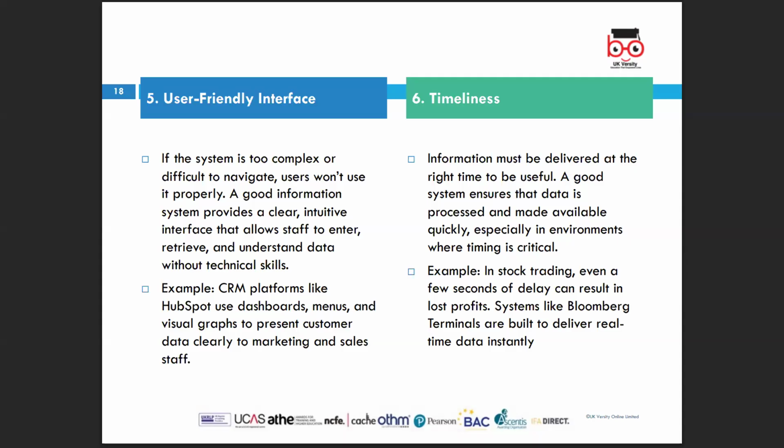Information must be delivered at the right time to be useful. A good system ensures that data is processed and made available quickly, especially in environments where timing is crucial.